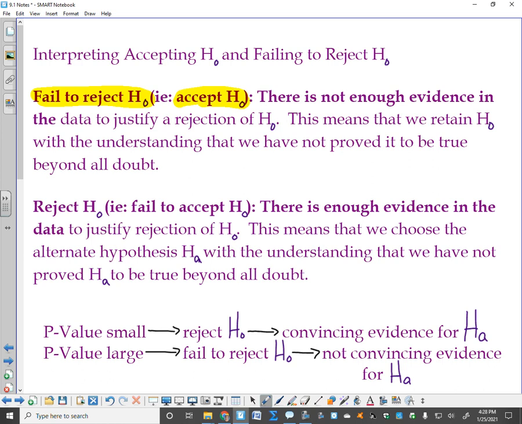I am rejecting H sub O. There is enough evidence in the data to justify rejecting H sub O. This means that we choose the alternate hypothesis with the understanding that we have not proved H sub A to be true. We just have enough evidence to reject H sub O, so we're going to go with H sub A.